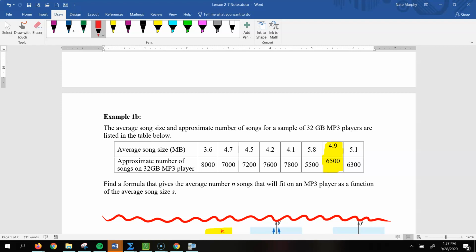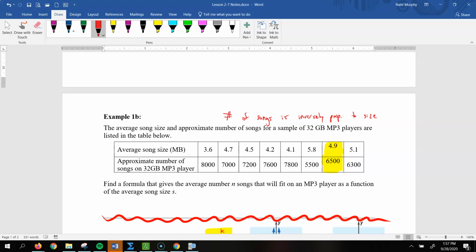The key portion here is that the number of songs is inversely proportional to the song size. Okay, so I want you guys to set up your own equation.